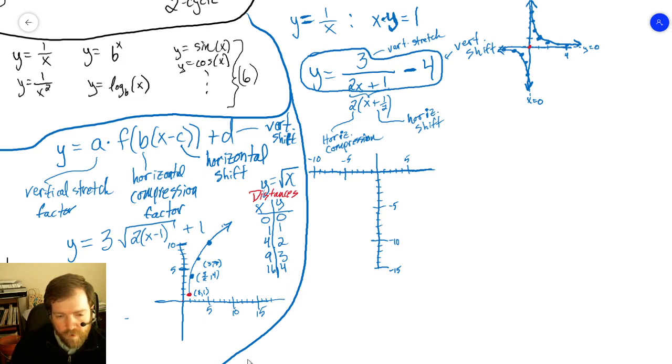All right, so our original point is now being moved. We have a horizontal shift of -1/2, because again, it's the opposite of what we have in there, and a vertical shift of -4. So this is our origin point, which again is not used in the function.